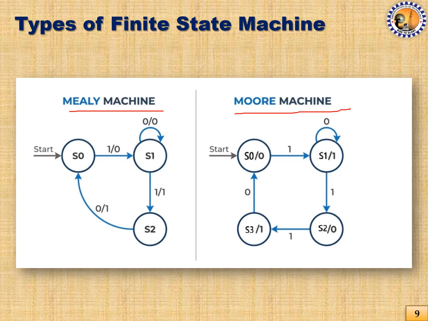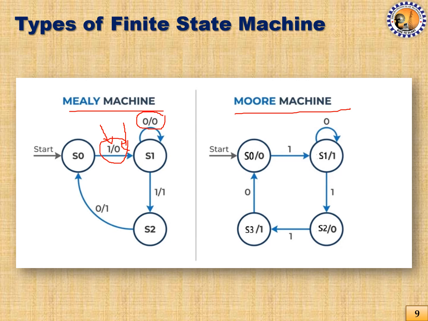During the transition, as we can see, there are two figures. The first figure represents the input condition and the second figure represents the output condition. So input and output in the Mealy state machine in the state diagram are represented like this. Here also the first zero represents the input and the second zero represents the output. So is the case of other states also.